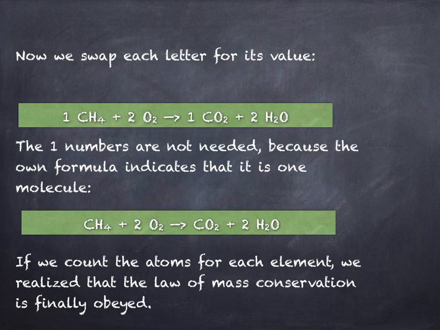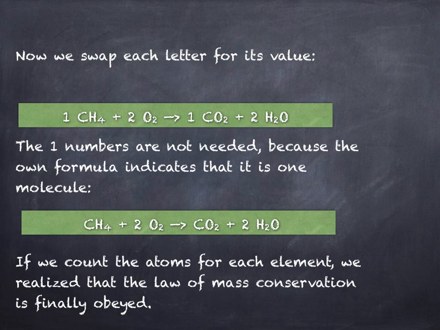Now we swap each letter for its value. As you can see in this chemical equation, there are 1, 2, 1, 2. These are the coefficients. But we don't really need the ones, because the formula of the molecule itself indicates that there is 1 molecule already.